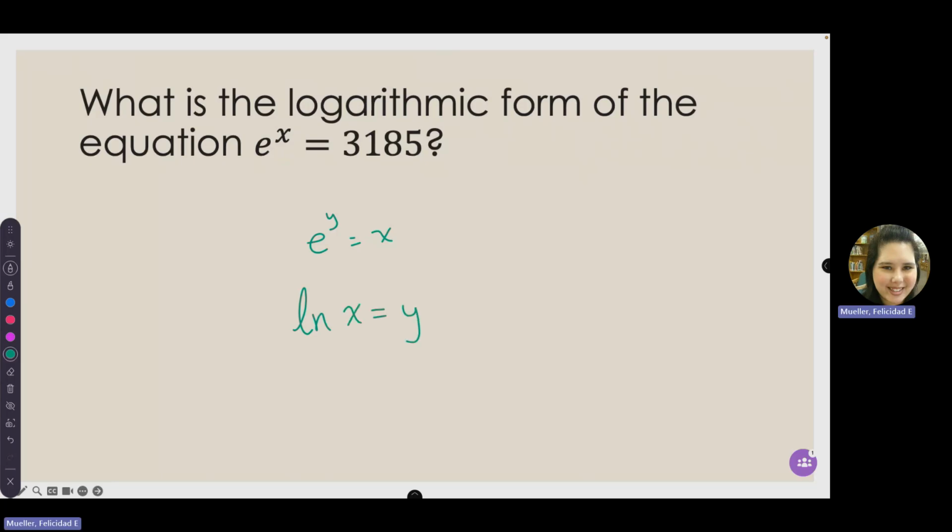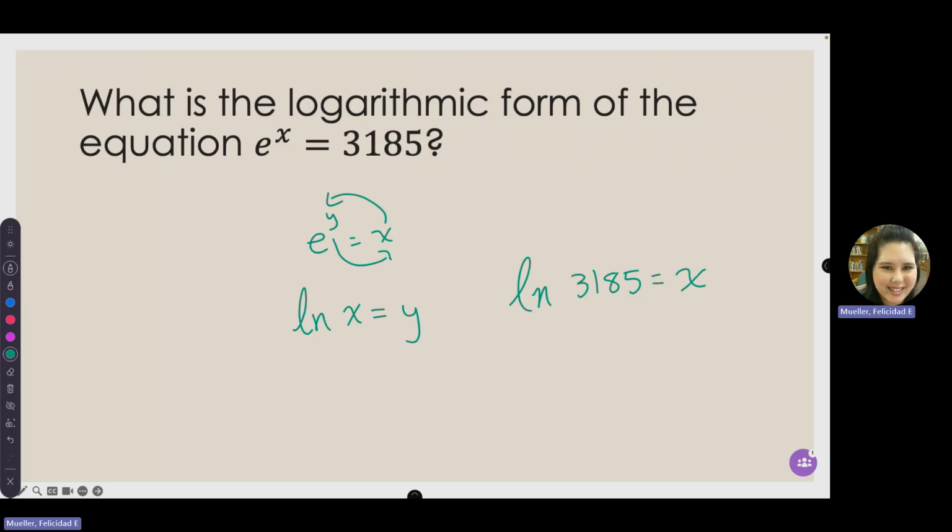So you should see that these two are going to switch sides. So I'm going to take natural log of 3185 equals x is my answer.